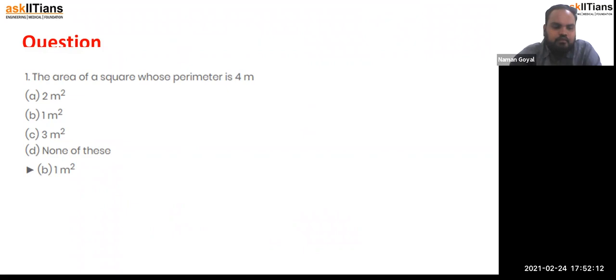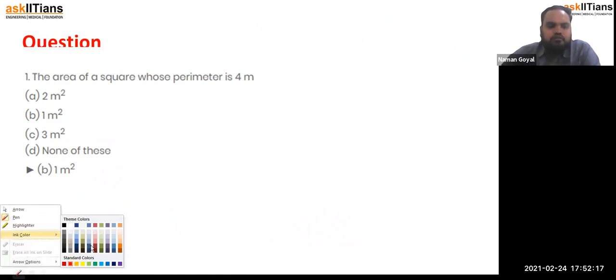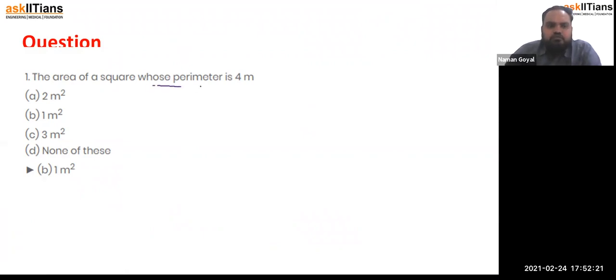Yes, next question. The area of a square whose perimeter is given. Now there is a square, and in this question the perimeter of that square is given.